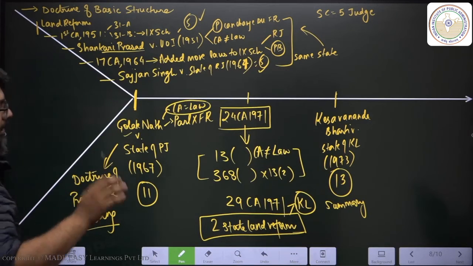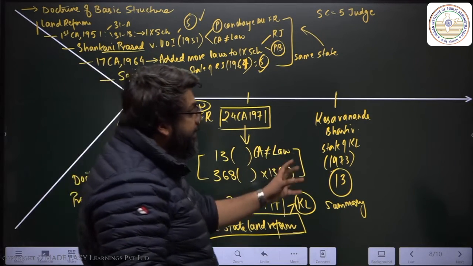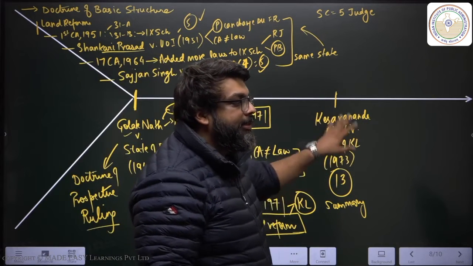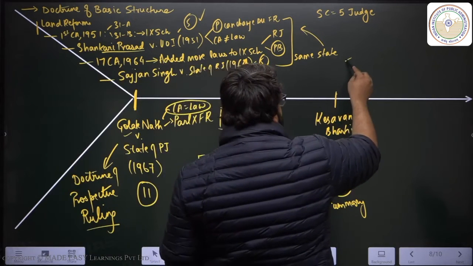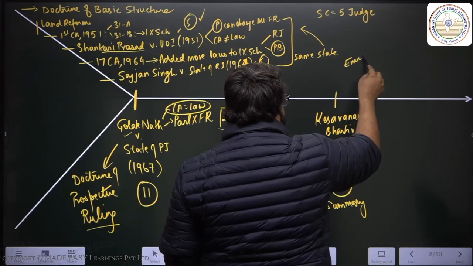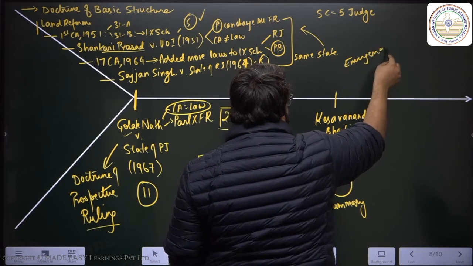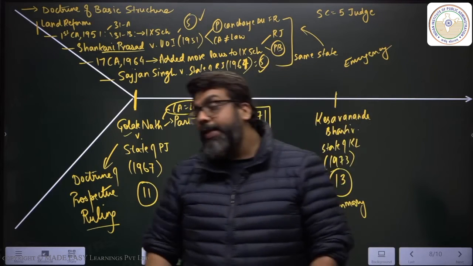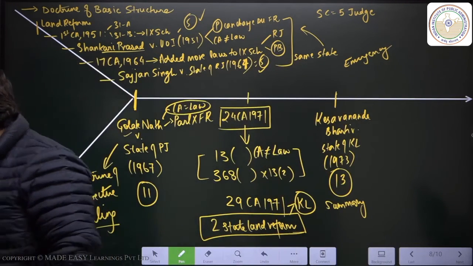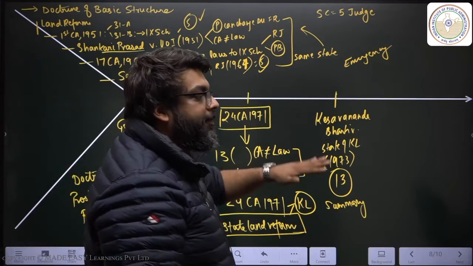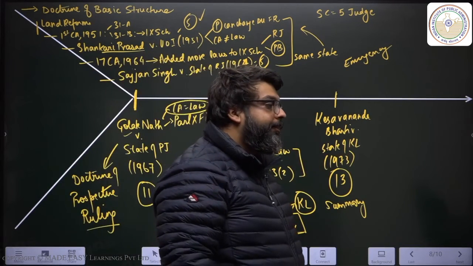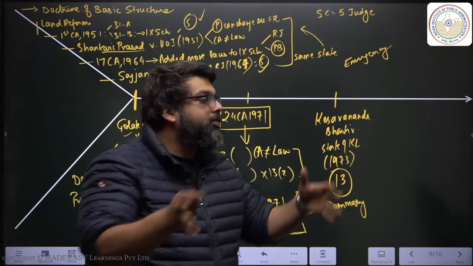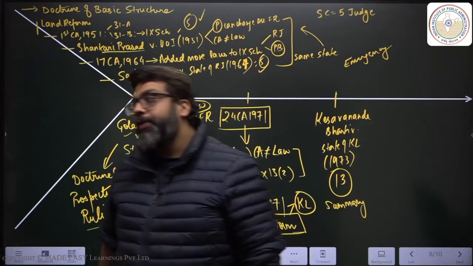It is very interesting because of the political circumstances this judgment comes in, because emergency was just around the corner. It was a very important judgment because it was creating a shift in the power from the parliament to the courts.